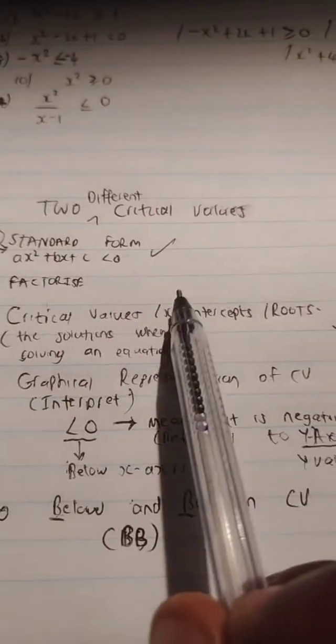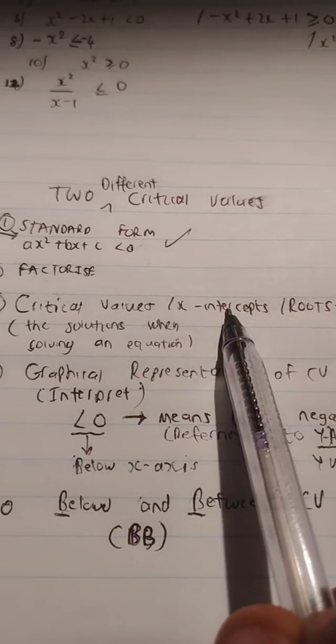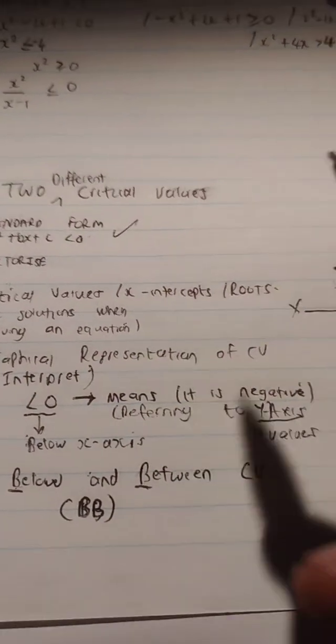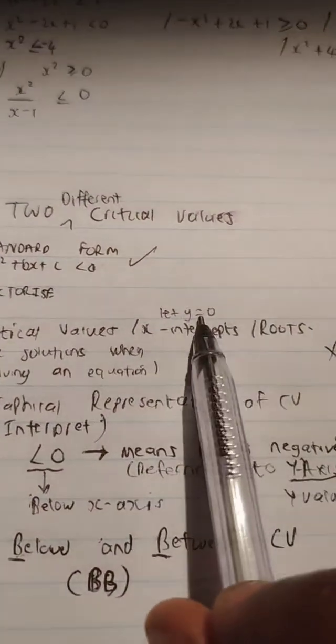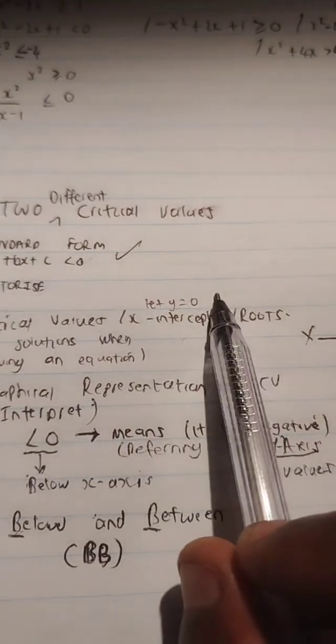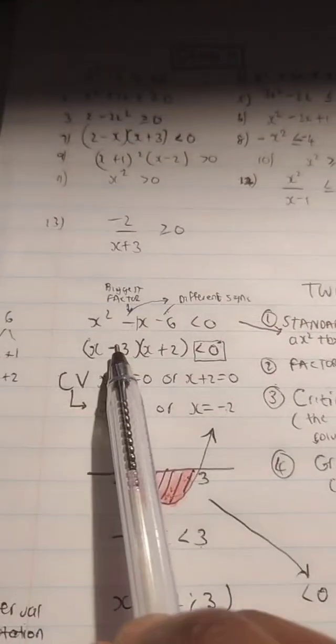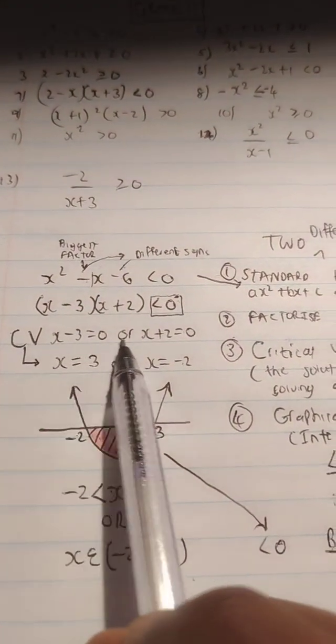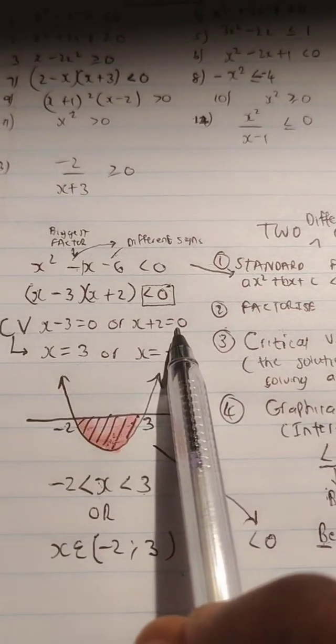What are critical values? Critical values are x-intercepts, and x-intercepts are always found if you let y be equal to 0. So we are just for a moment thinking of this expression as if it is equated to 0 so that we can write down the critical values.